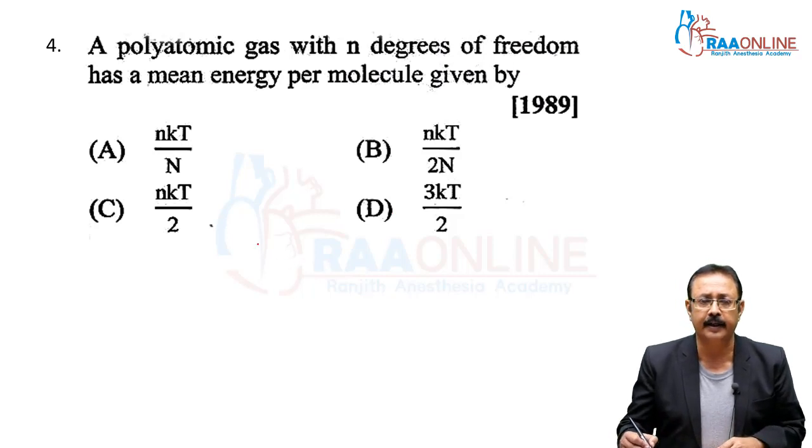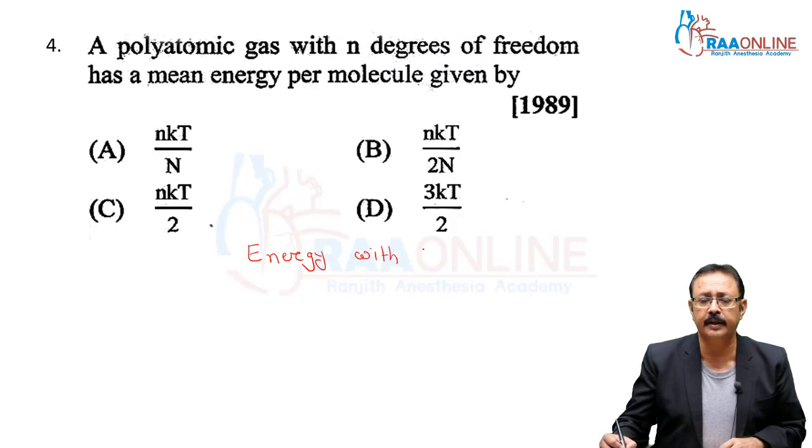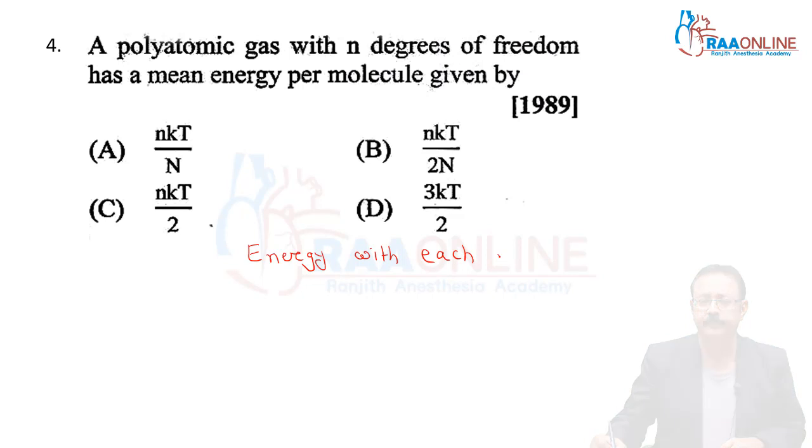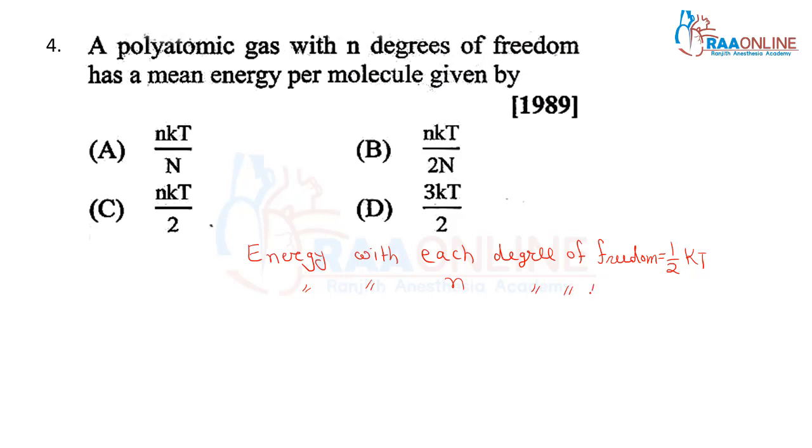Since the mean energy associated with each degree of freedom is equal to half kT, the energy with n degrees of freedom should be n times half kT.